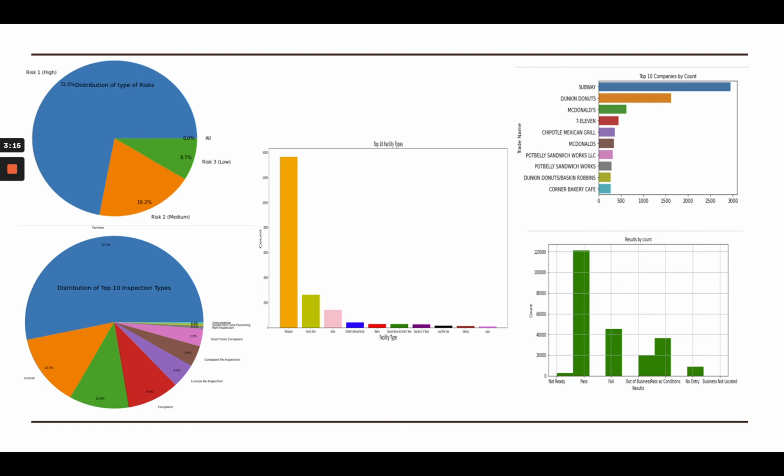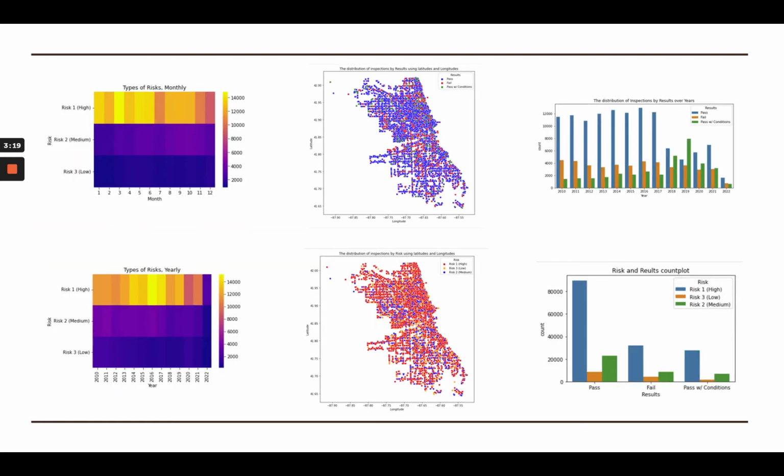So we majorly focus on pass, fail, and pass with conditions. I also did other analysis, like types of risk in particular months, so that we can understand better, through monthly and yearly views.